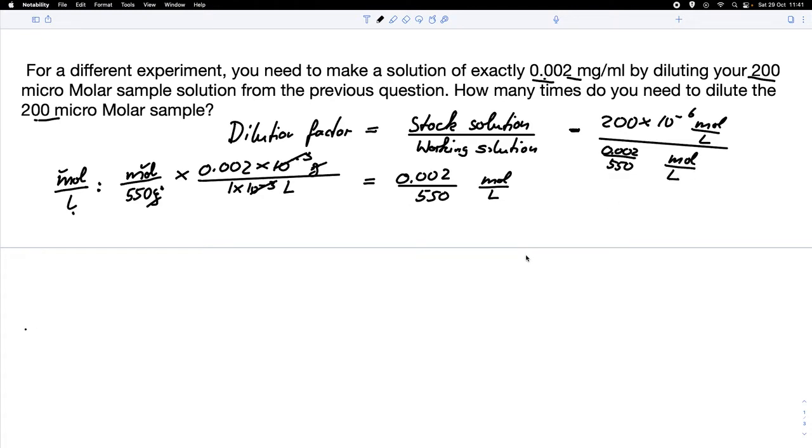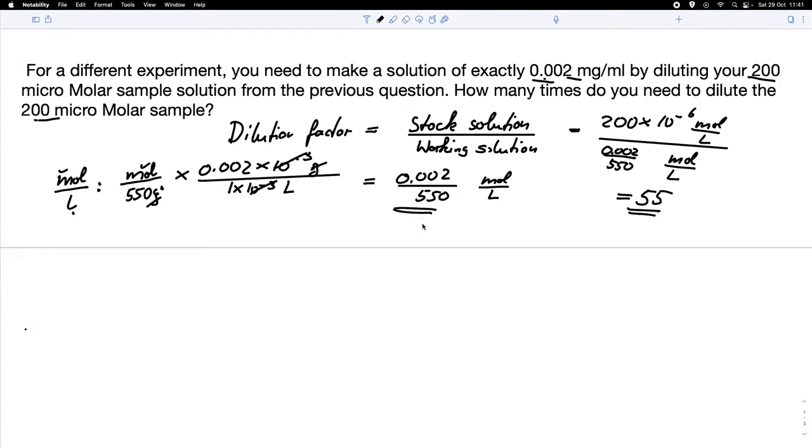And when we do this calculation, we get a value of roughly 55. So our dilution factor would be 55. We have to dilute our stock solution 55 times to get this working solution with this particular concentration.